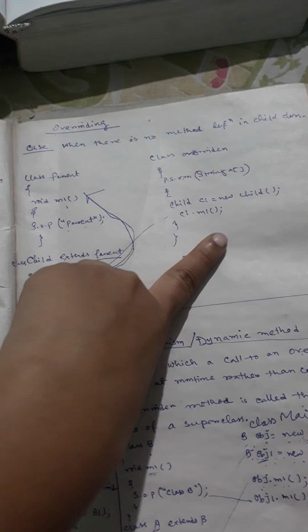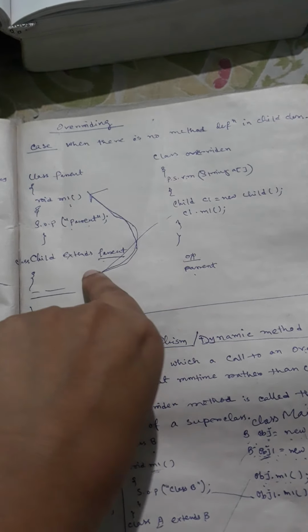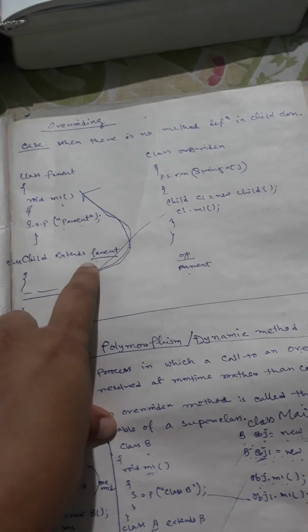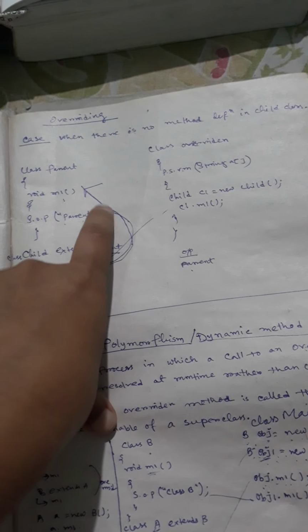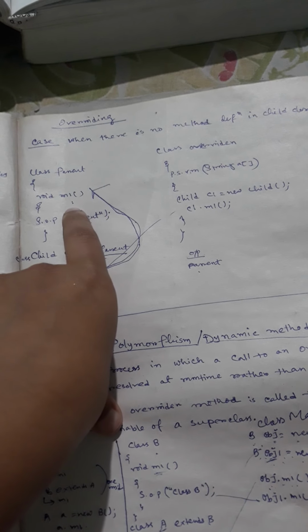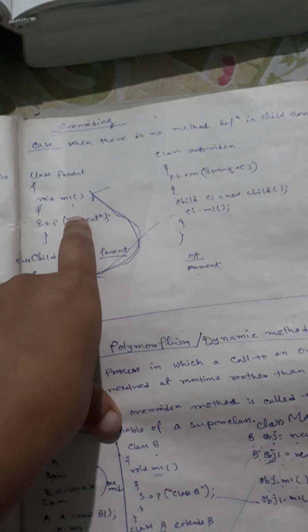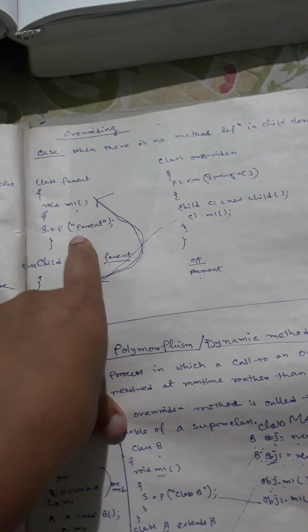So the method will be found in the parent class. Why? Because child extends parent. So within the parent class, method m1 will be found and the output will be parent. So this is about the overriding case.